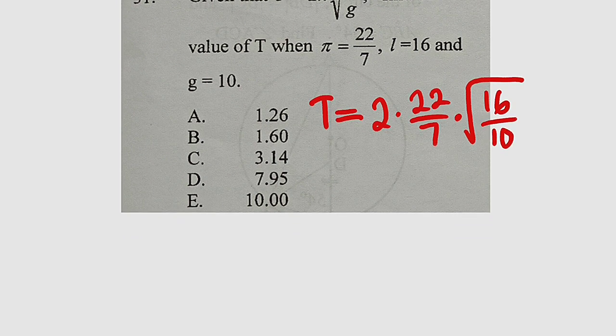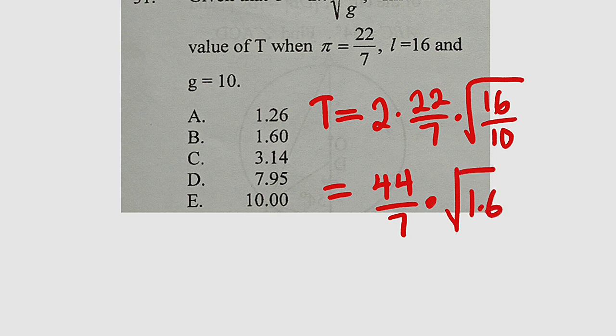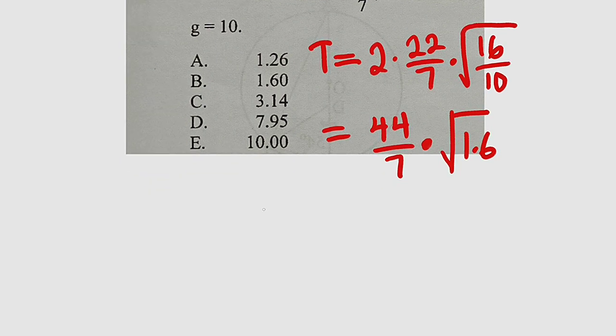If you simplify this, you get 2 times 22 is 44, divided by 7, multiplied by the square root of 16 divided by 10, which is 1.6. 44 divided by 7 is equal to 6.28571.